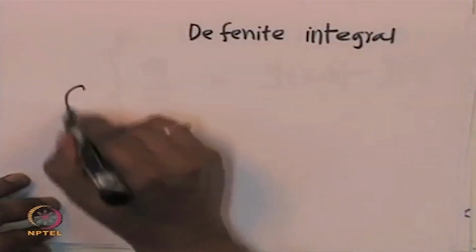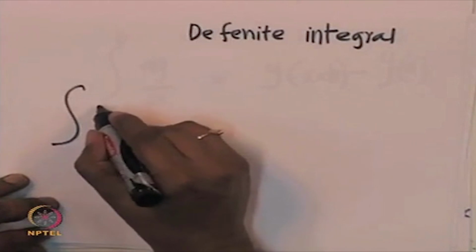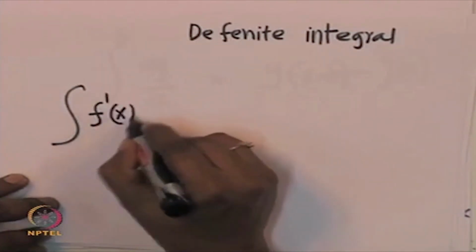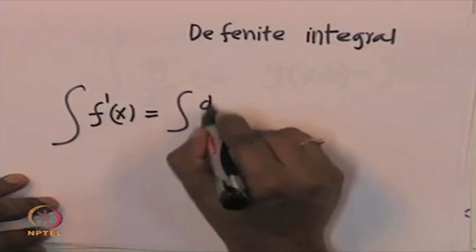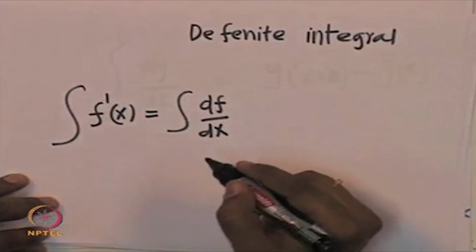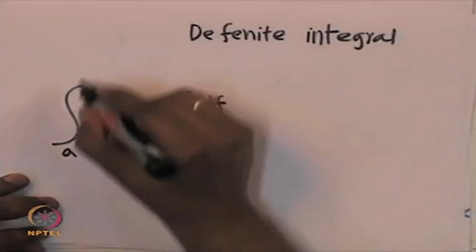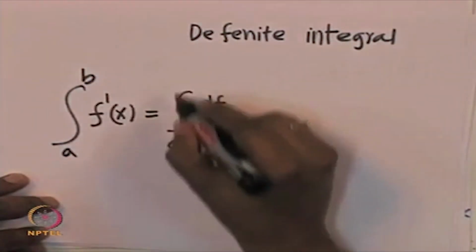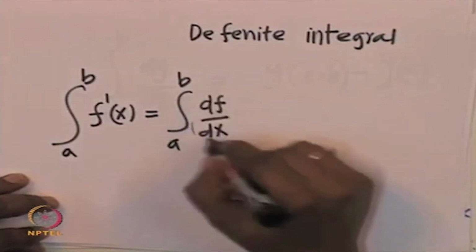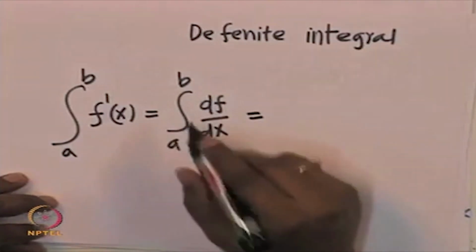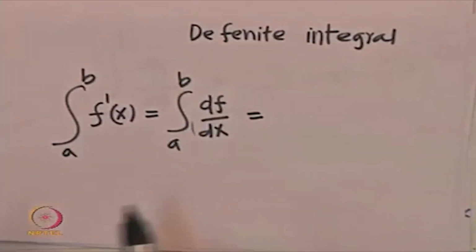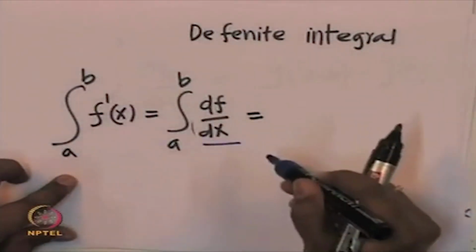If you want to calculate the definite integral of some function f prime of x, which is df by dx, between 2 points a and b, first find the integral of this function df by dx, like we did before.